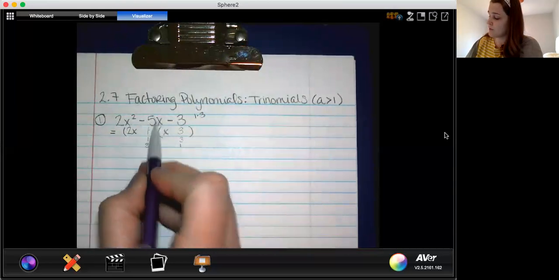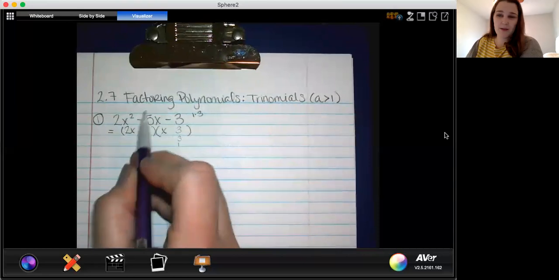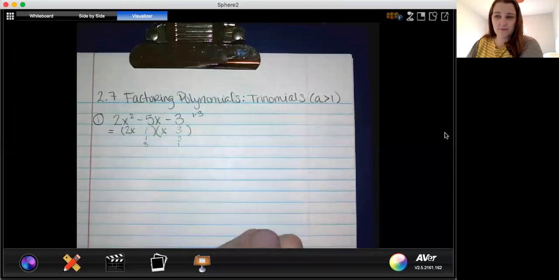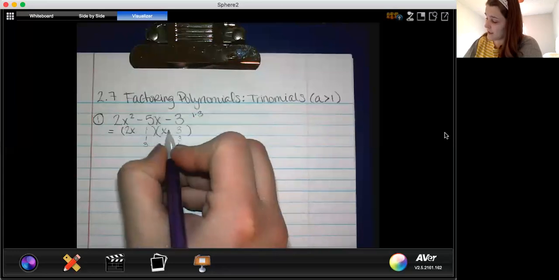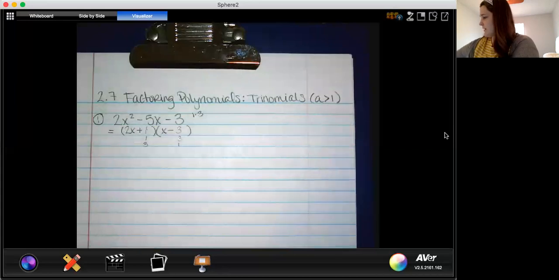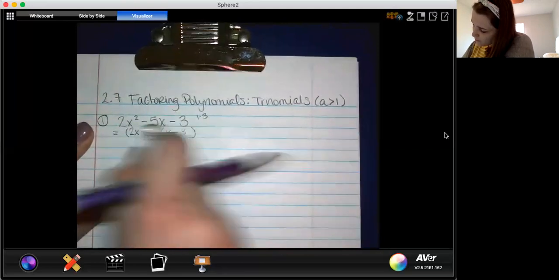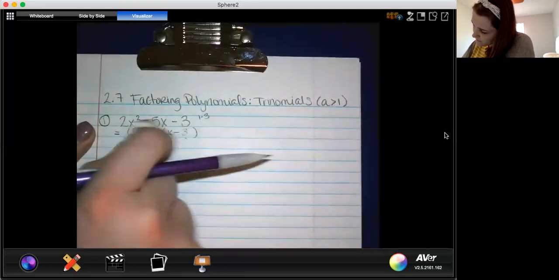So which number would need to be negative, the 3 or the 1, so that it becomes negative 5x? It's going to be the 3. We want negative 3 and positive 1. And you can always just erase these extra parts. You don't have to keep that there. That's just there to help you see your options.